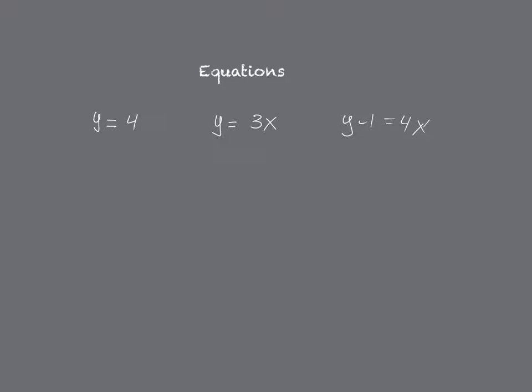You can even get some funny ones. For example, you can get x is equal to 1 over y. Whenever you have equations like that, you're always going to be getting a function. Okay? So all of these are examples of functions.